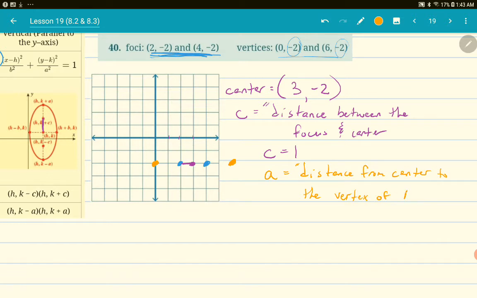That's this length right here, which is 1, 2, 3. I can see that graphically. So a equals 3.